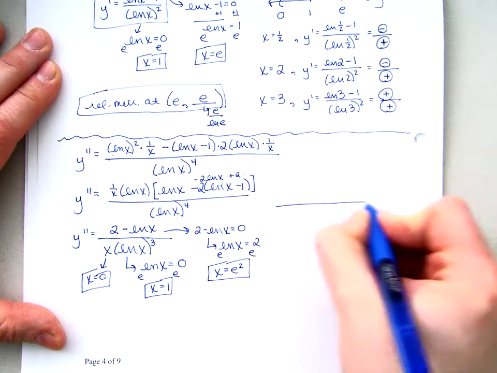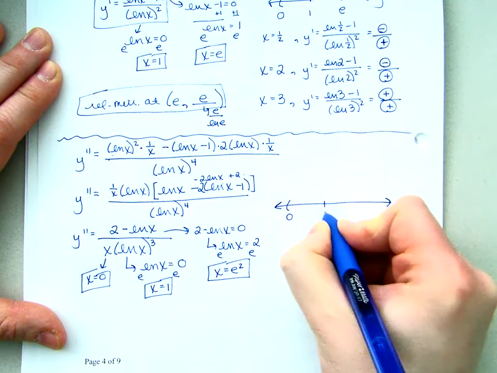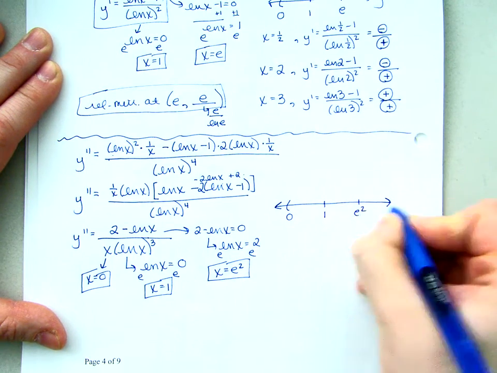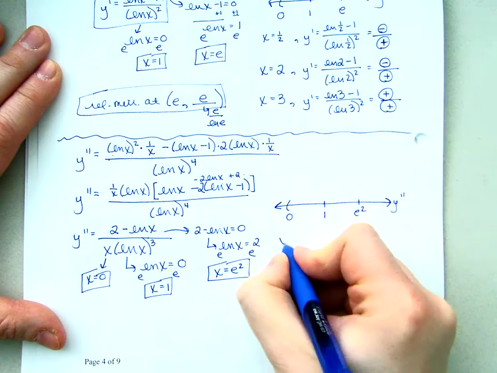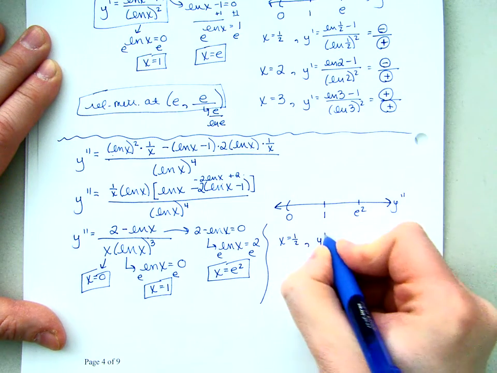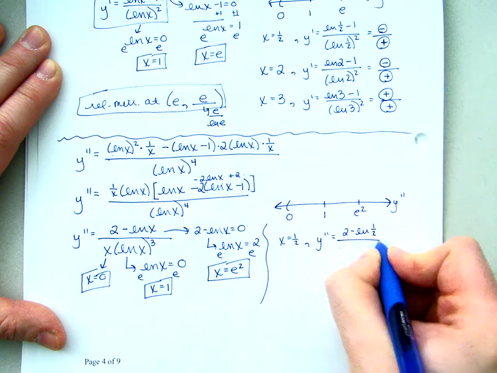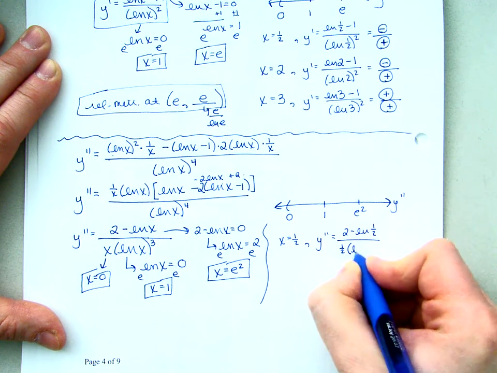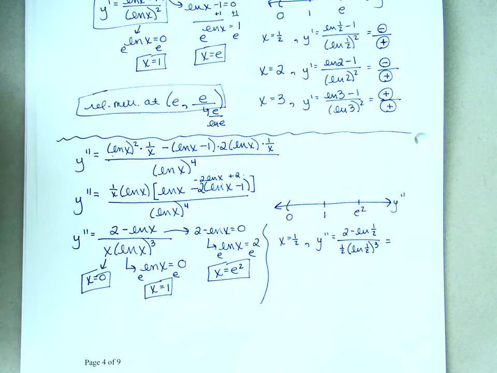I'm going to make a number line. 0 is still a boundary. I have 1. I have e squared. I'm going to label this as y double prime. I'm going to plug in 1/2 into my second derivative. I'm going to get 2 minus the natural log of 1/2 over 1/2 times the natural log of 1/2 cubed. Can I just ignore the denominator like before and just say it's always positive?